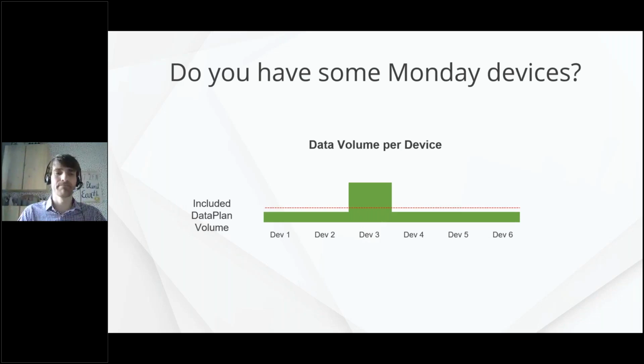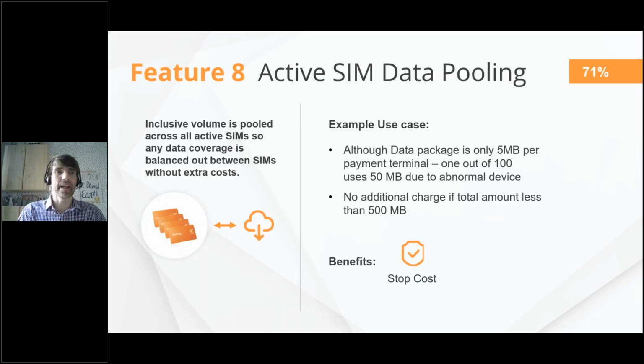So what does it mean? Even if you purchase a data plan of 3 or 5 megabytes per SIM card from us, the data is actually pooled across your active SIM cards.